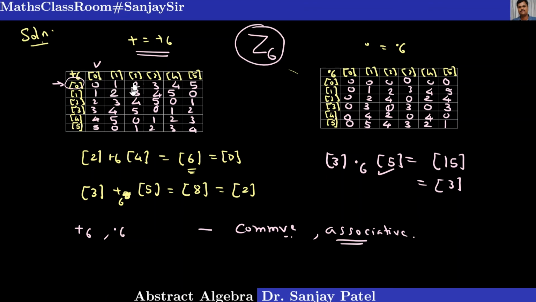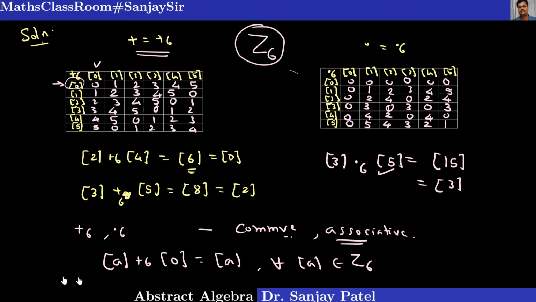So that makes class 0 the zero element. So from the above table, I can say class a plus 6 class 0 is equal to class a, for every class a, every element of this type belonging to Z6.